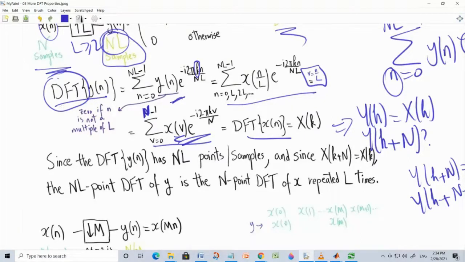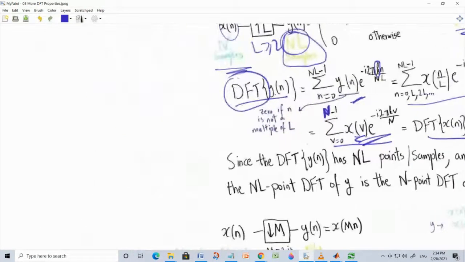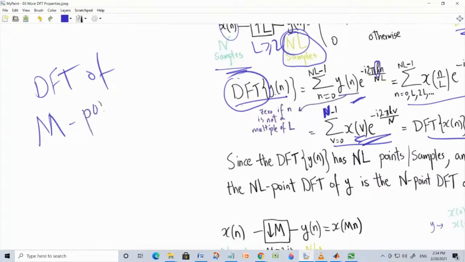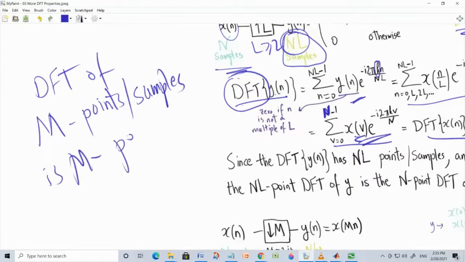And don't forget that the DFT of Y is in terms of the DFT of X, and the DFT of X is N periodic. So you should keep in mind that the DFT of M points or samples is M periodic.